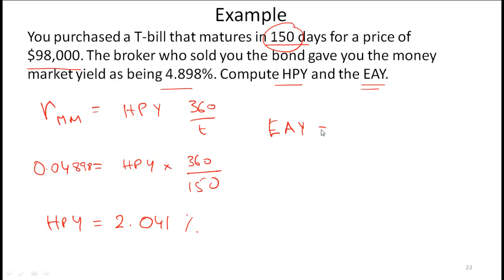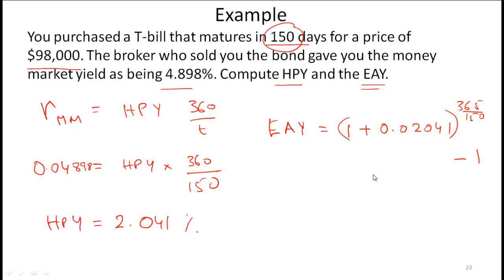And then to calculate your effective annual yield, go back to the effective annual yield formula. This is going to be 1 plus the holding period yield, which is 0.02041, raised to the power of 365 divided by the number of days, 150, and then that whole thing minus 1 to get the yield.